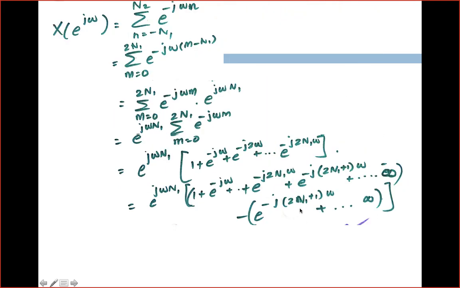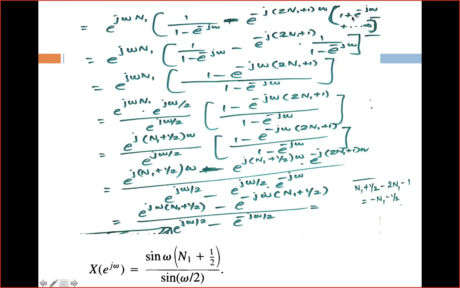When I take this exponential outside, I get 1 plus e power minus j omega plus e power minus j 2 omega, and it goes up to infinity. I can easily reduce this infinite series into 1 divided by 1 minus e power minus j omega.